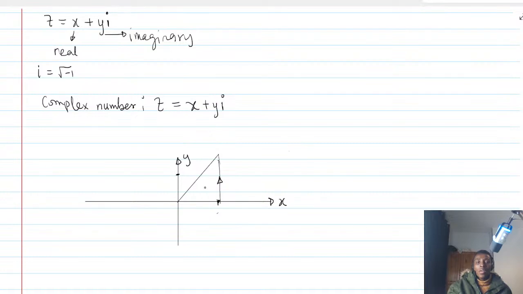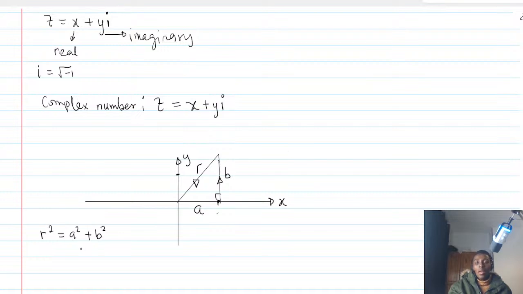Okay, so let me say a and b. So let's say that I have a, I have b. Now let's call the magnitude r. Okay, so from Pythagoras theorem we can say that r squared is equal to a squared plus b squared.